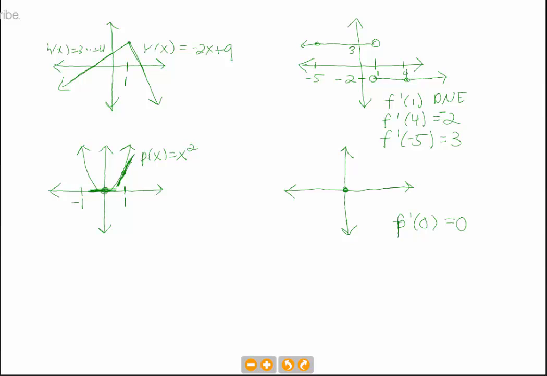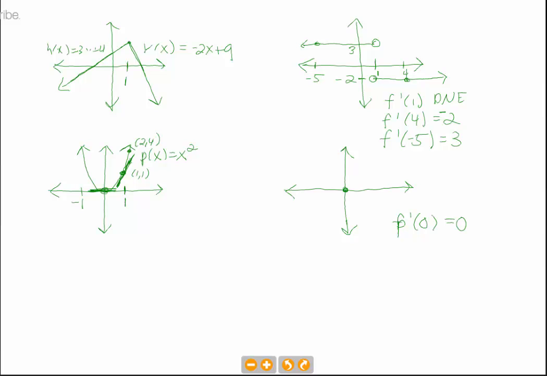Now I know at 1 it goes through the point 1 comma 1. And I know my parabola, at 2, which might be up here, goes through the point 2 comma 4. So I want to approximate what's going on here.